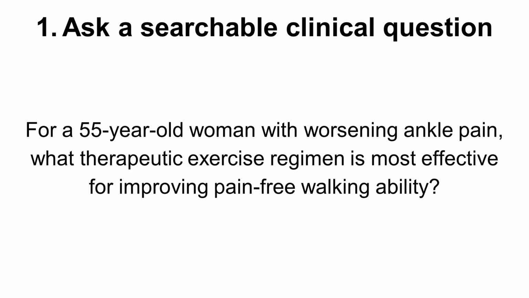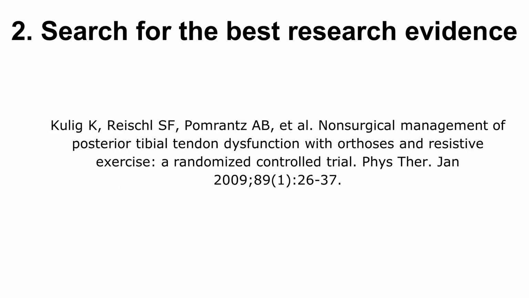The next step in the 5-step evidence-based practice model is going to be searching for the best research evidence. I can tell you that you put in your clinical question, you search the PubMed database, which we'll learn more about next summer, and you found this article.